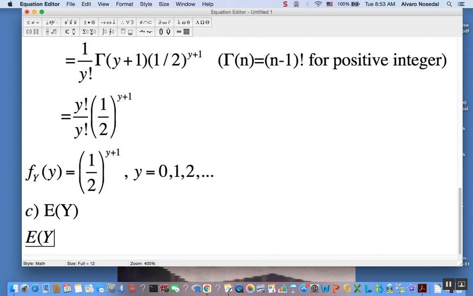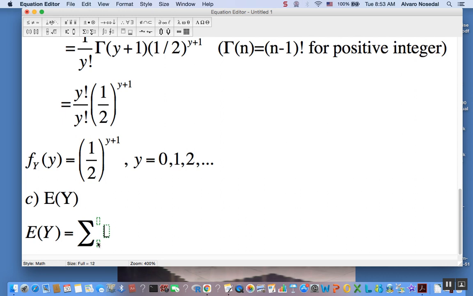The expected value of y would be the sum for all y's. In this case, y goes from 0 to infinity of y times the probability mass function, which is this guy here.